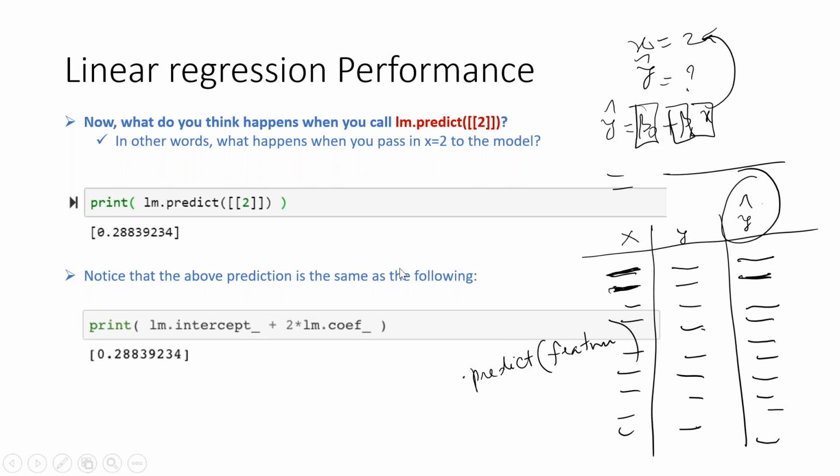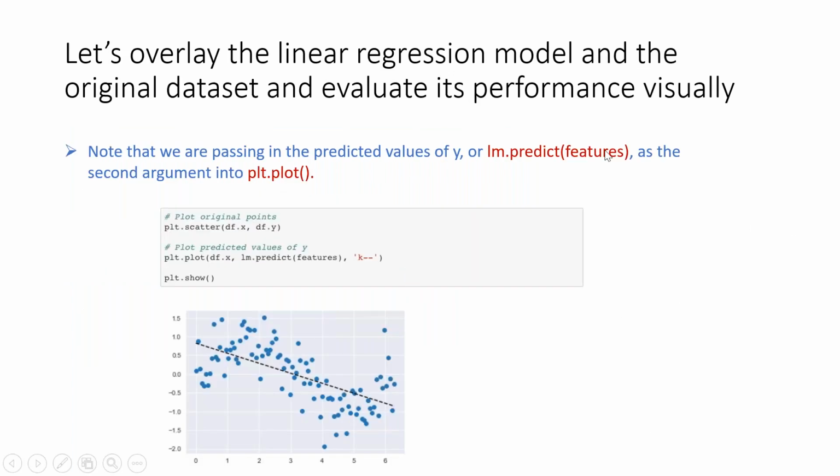Okay, let us do that. Let us overlay the linear regression model and the original data set and evaluate its performance visually. Same thing we are doing again. Here I am doing a scatter plot with plt.scatter, df.x comma df.y. Then I use plt.plot again.